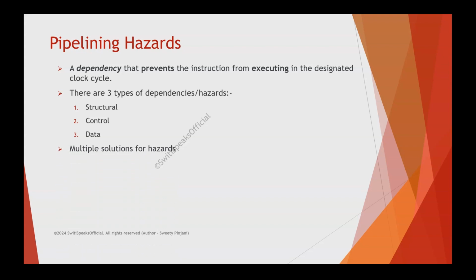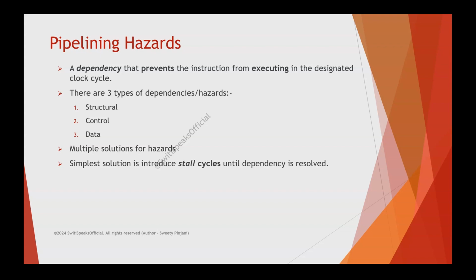There can be multiple solutions for hazards. The simplest solution is to introduce stall cycles until your dependency is resolved. What is the problem in introducing stall cycles? A stall cycle is like a wait cycle. Until your dependency is resolved, you introduce wait cycles. It means your instruction will wait. Due to your instruction waiting, the next instructions will also wait.